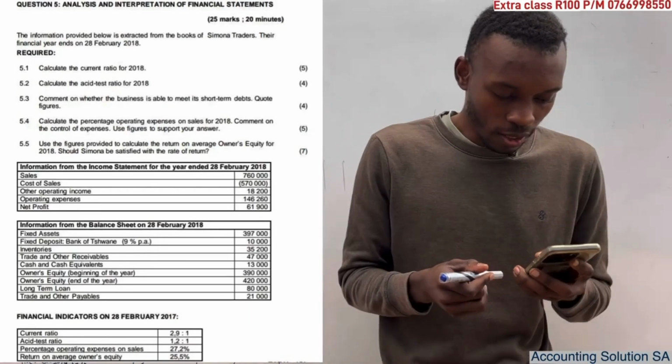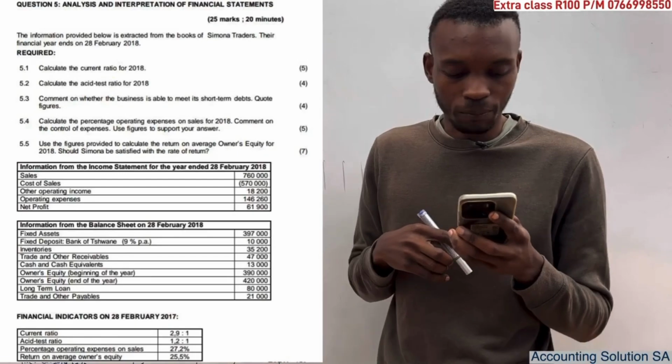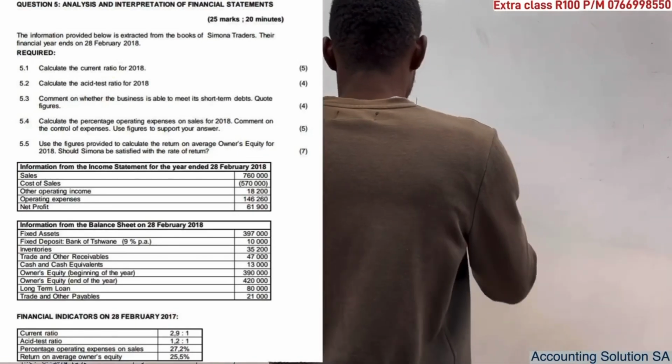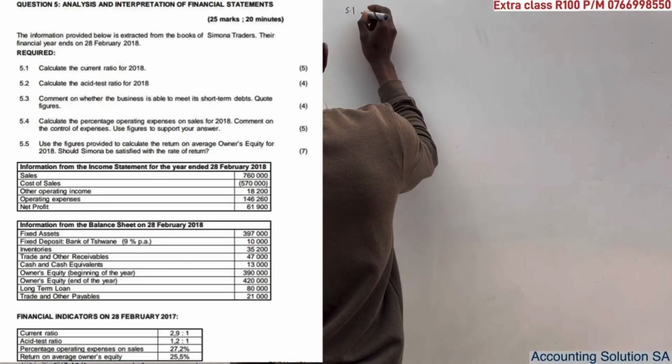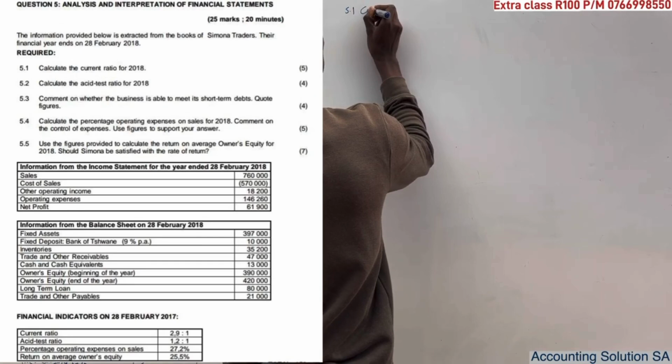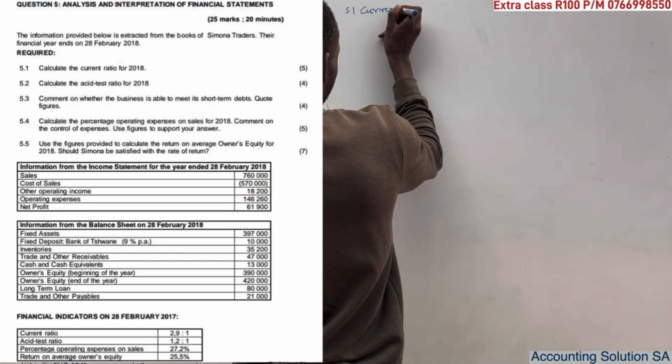Okay, let's start with 5.1. Calculate the current ratio for 2018. The first step is to identify the formula. 5.1, formula of current ratio.